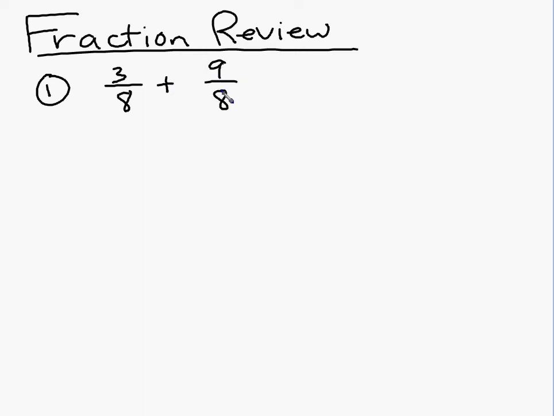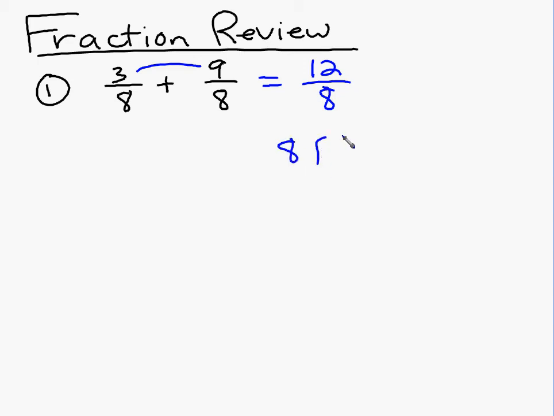3/8 plus 9/8. If I'm adding fractions and they already have a common denominator, then I just add the numerators, right? I just add the 3 plus 9, and I get 12/8. Now, it's okay to have an improper fraction. It's not that painful, but how would I make that a mixed number? See if you remember that.